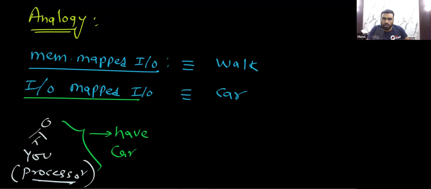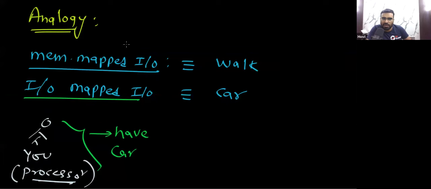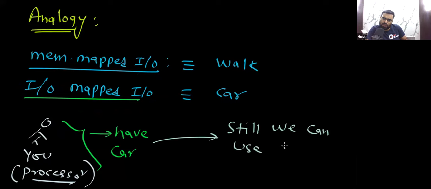Yes or no? So if the processor is using isolated IO, it does not mean that it cannot support memory mapped IO. This is the point. Even if you have a car, still we can walk. Yes or no?